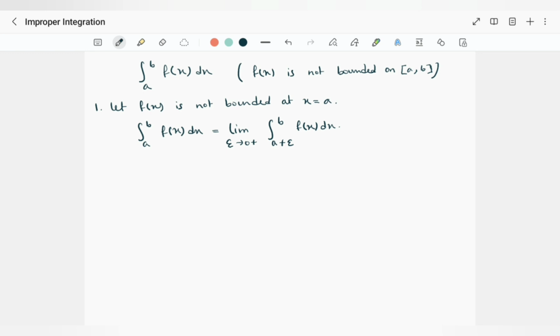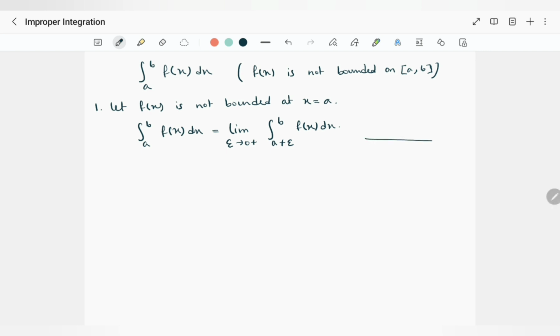The function was bounded except at x equal to a. So now when the interval is a plus epsilon to b, a is excluded. Epsilon is always a very small number, that is why we are taking the limit as epsilon tends to 0 plus.